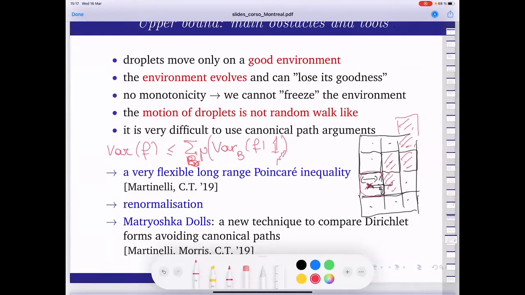Okay, and I will also have to ask that on this long path somewhere there is one droplet, in order that I can move the droplet inside the path.